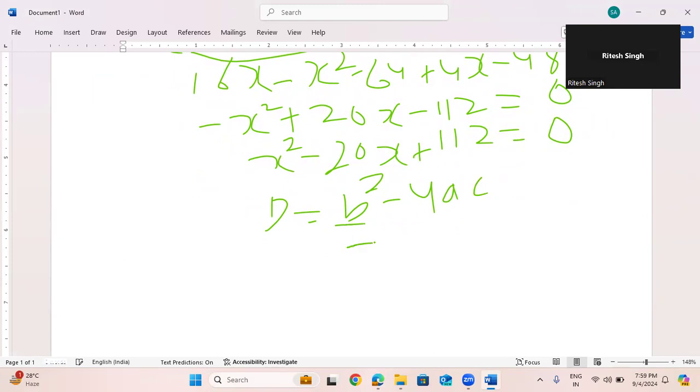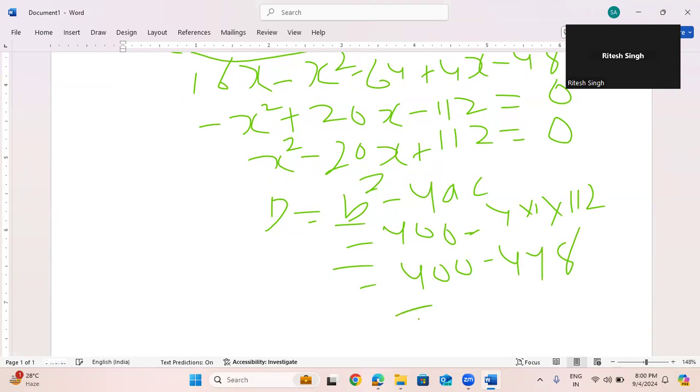D becomes b, 20 square, I am writing directly 400, minus 4ac, 4 into 1 into 112. 112. This will become 400 minus 448. So this will come in negative. This comes to minus 48.